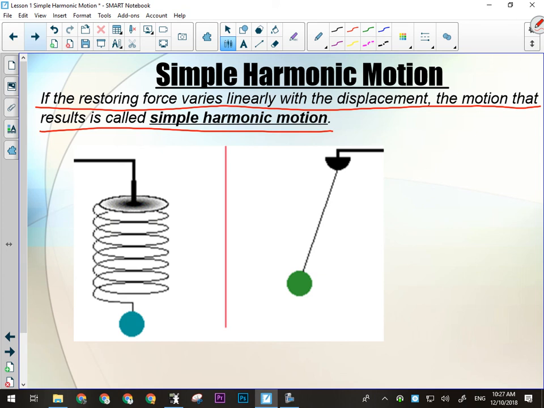And it has to vary linearly. So if I double the displacement from equilibrium, I need to have twice as much restoring force for this to be true. If it becomes exponential, or it starts to become nonlinear, then I'm not going to get harmonic motion. I'll get motion, but it won't be harmonic.